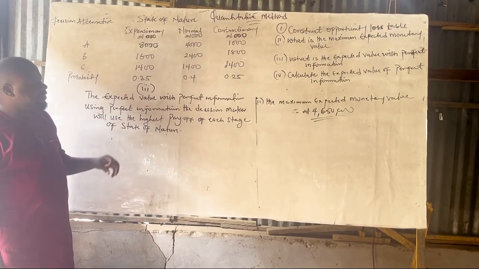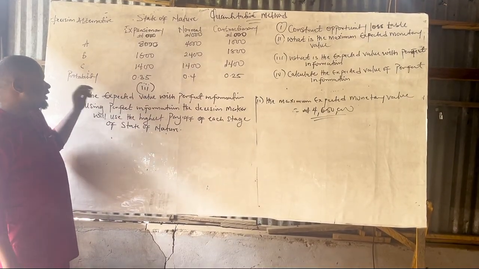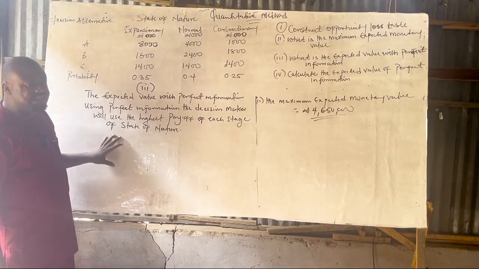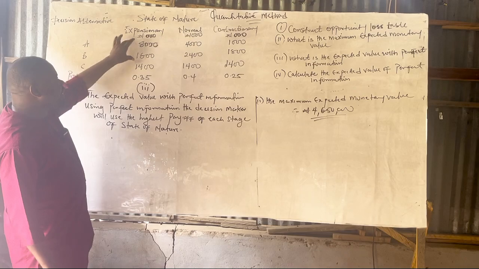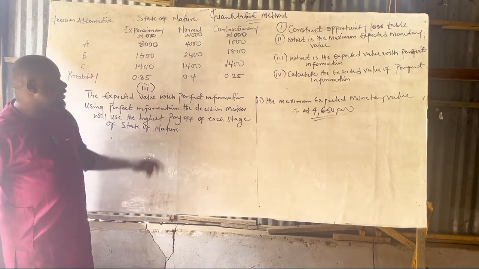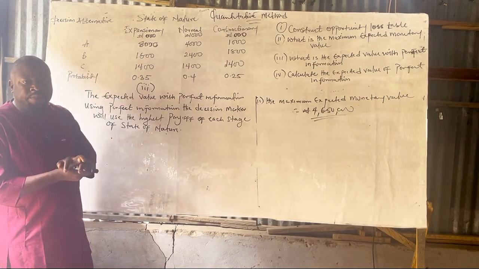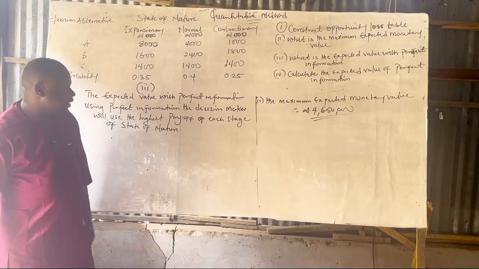The decision maker is going to select the highest payoff in each state of nature with their probability, and add them together. That's your final answer.